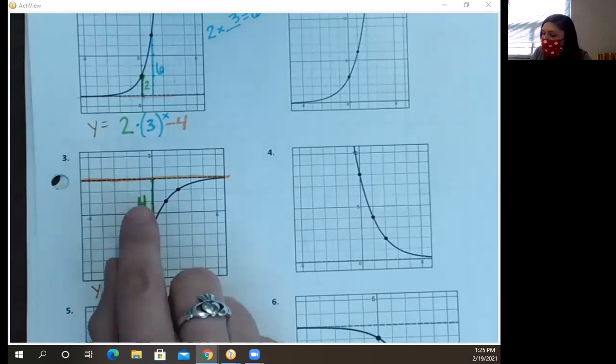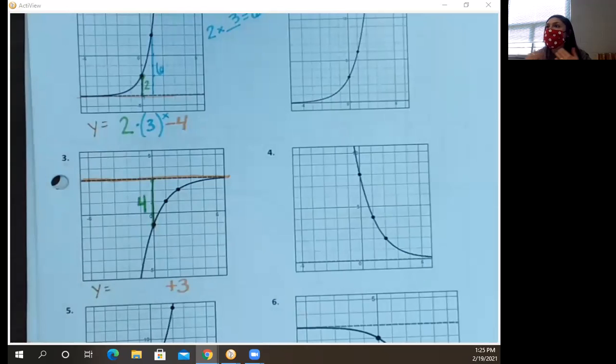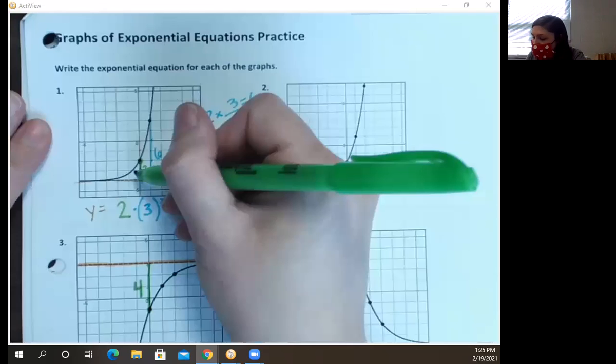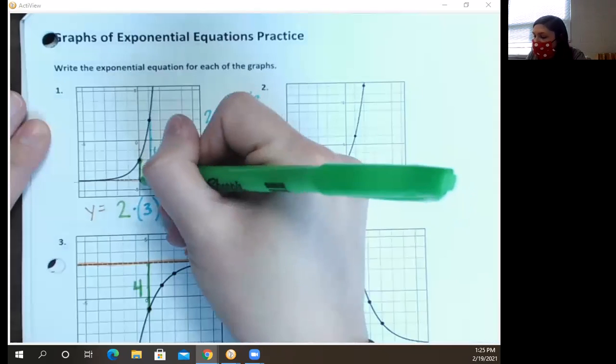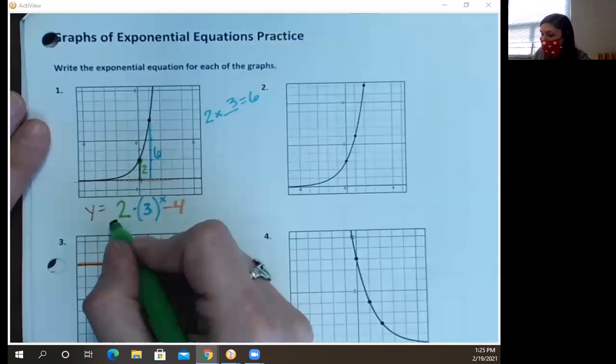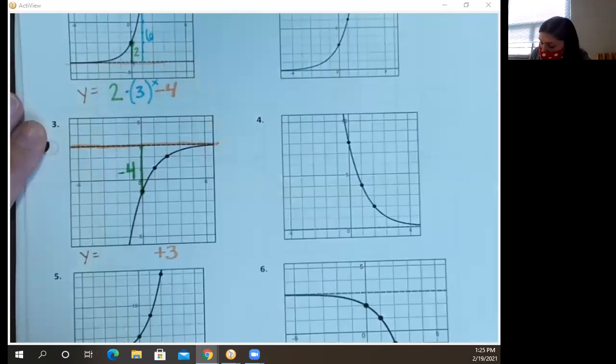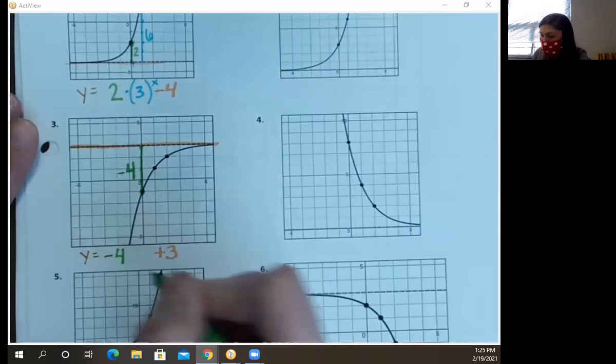So what do you think we need to do to this number? Yeah, right? That negative lead coefficient in our transformations flips our function. So that's what we need here, okay? The other way that you can think about this, in our last example, our y-intercept was 2 spots above the asymptote, so +2. Now we're 4 spots below the asymptote, so -4.